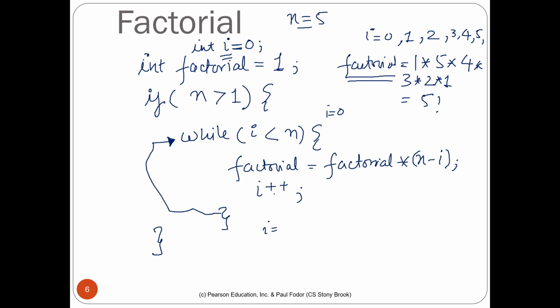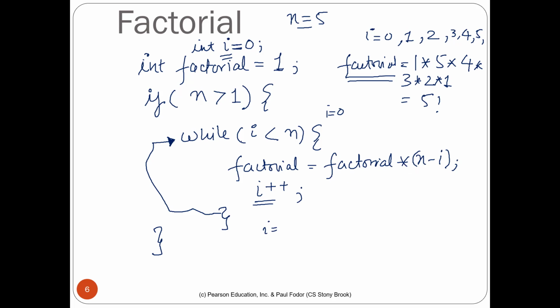You have to increment I plus plus, right? Because you have already been in the while loop once, so I should be incremented to 1, because you did the multiplication into factorial by one term, which is 5, which is n.